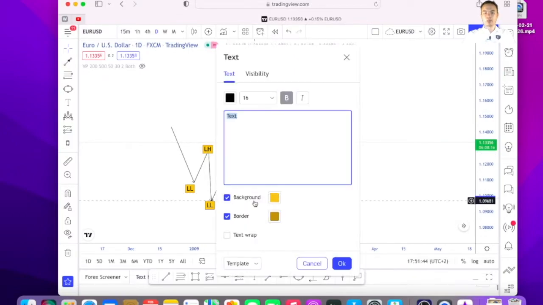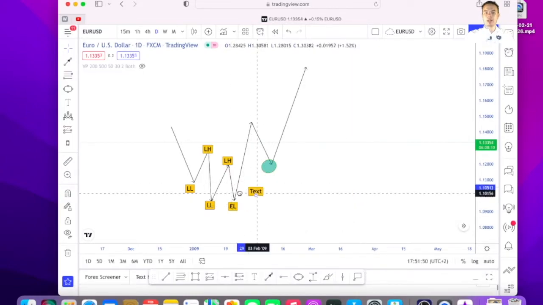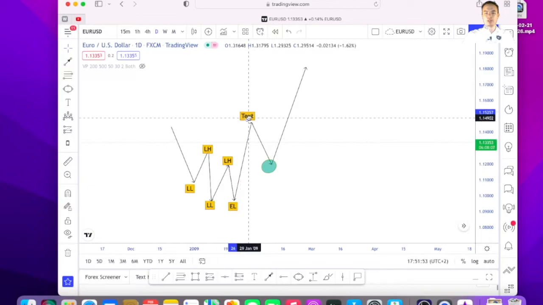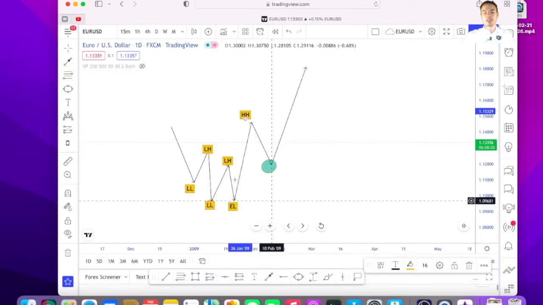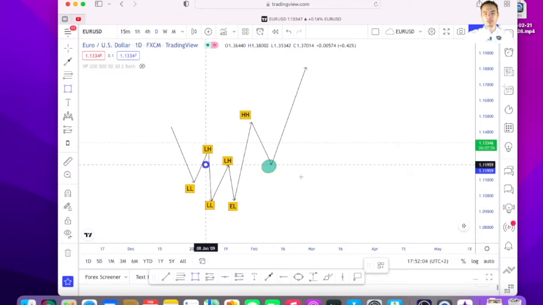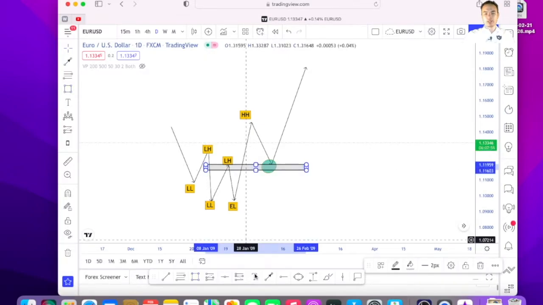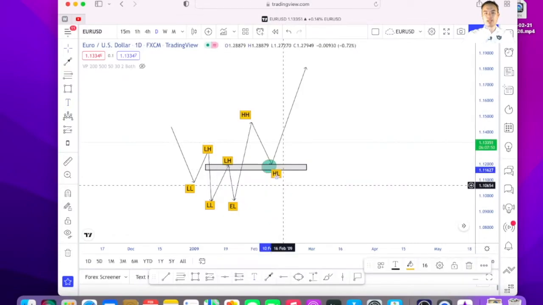Then we had an equal low. And then price broke up past this lower high, giving a higher high because this high is higher than the previous high. So this here is your double bottom. Here's your neckline over here. So price formed a higher low, and that's where you'd look to buy.